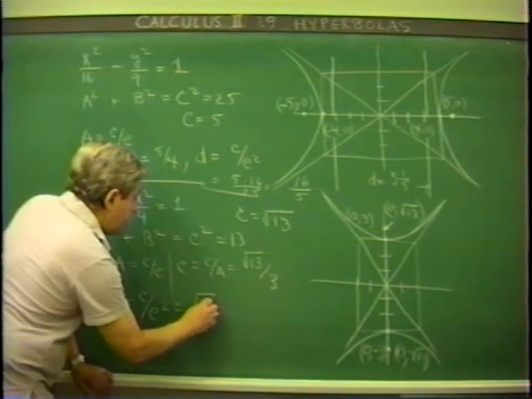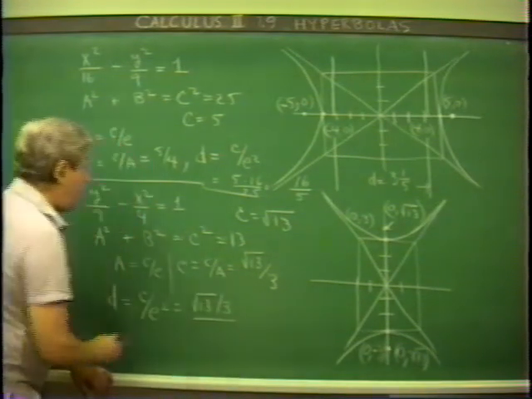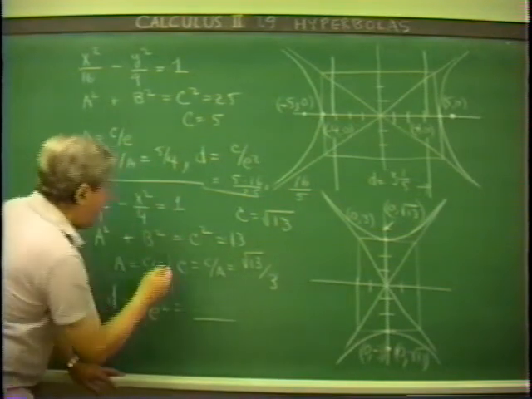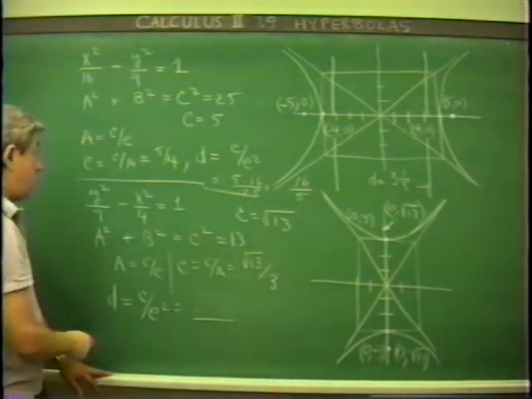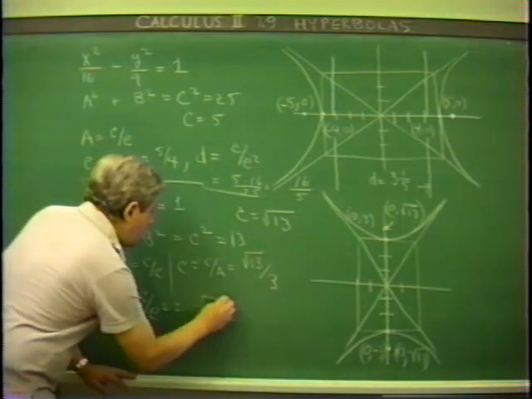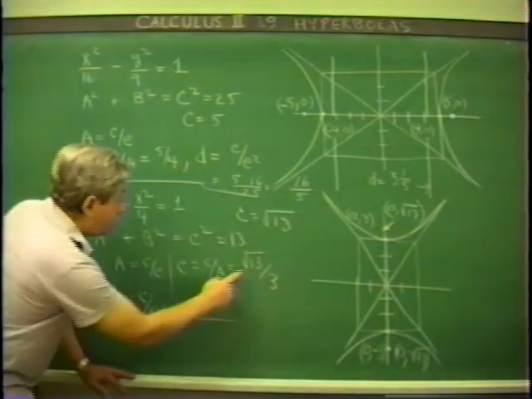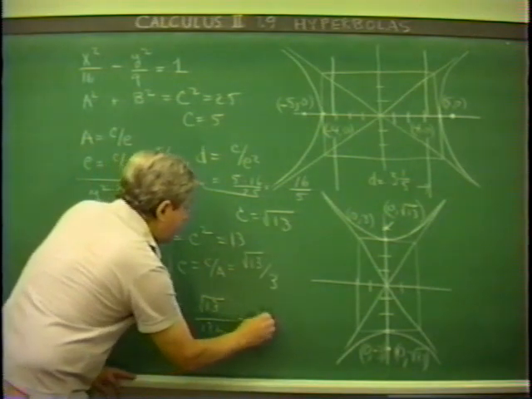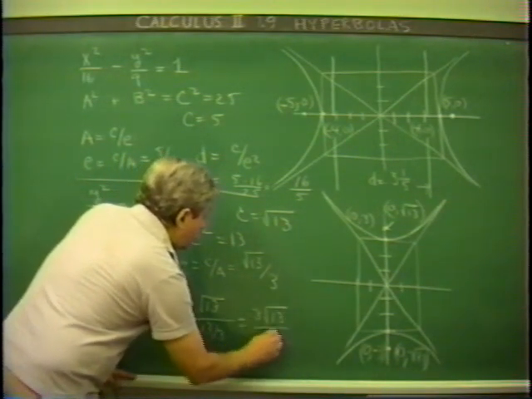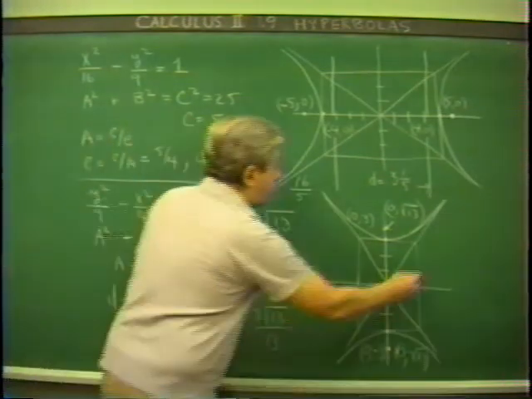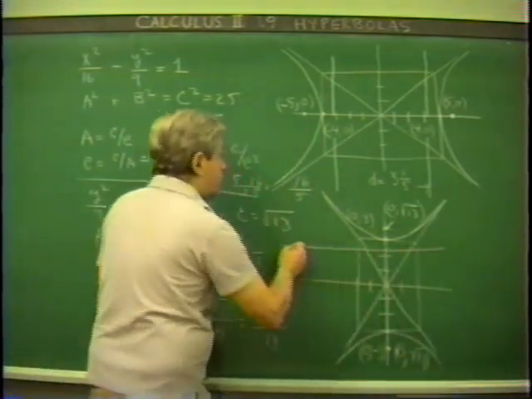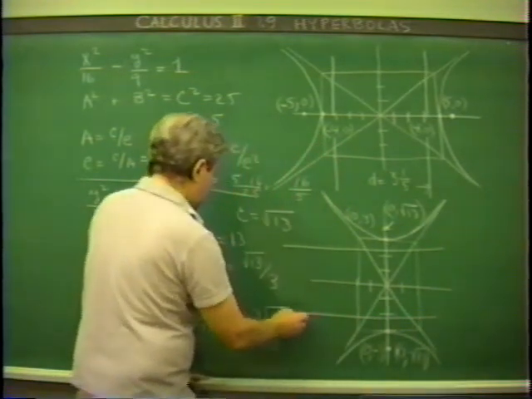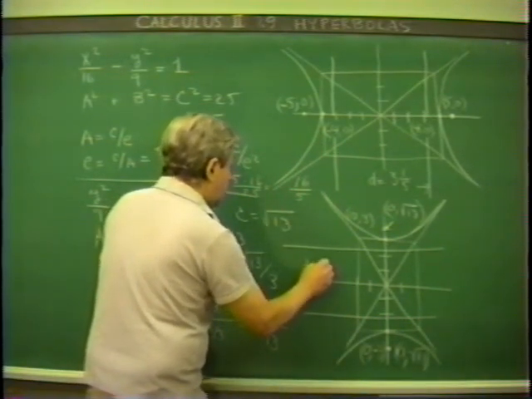Then the directrix is at c over e squared, c, which was square root of 13, divided by e squared, which is 13 over 9. So this is going to be 9 square root 13 over 13... We'll end up with a directrix then that's right around here.